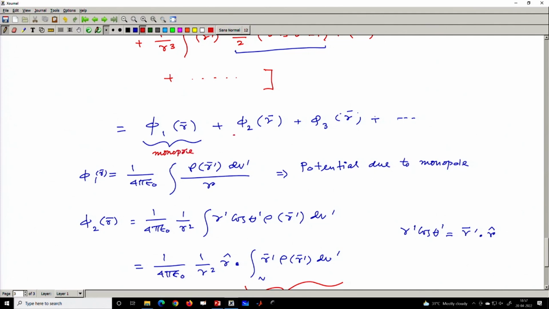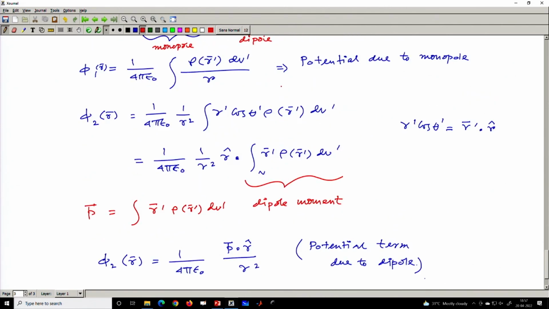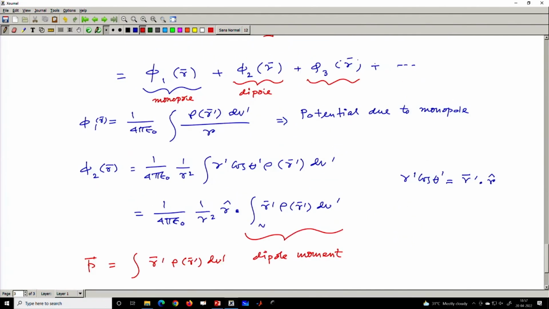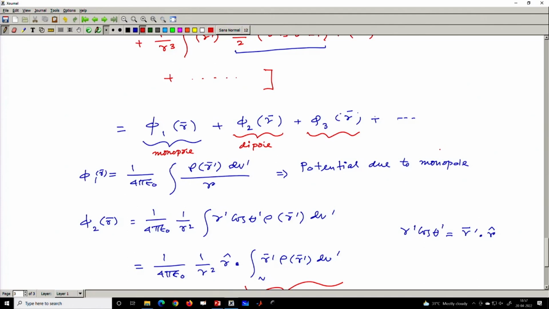I have a contribution here which is due to dipole. I have another contribution which is, if I do the similar thing, I only did for two cases, phi 1 and phi 2, but in principle I can also find out what is phi 3, and if you do that you will find that this is for quadrupole and so on.